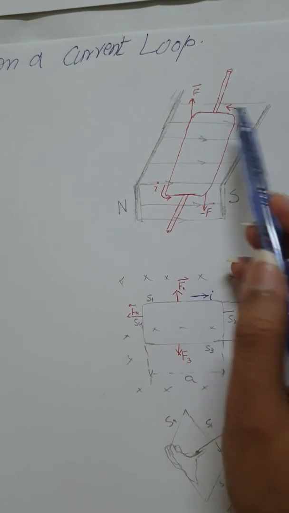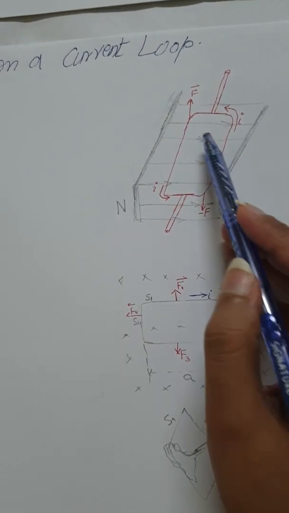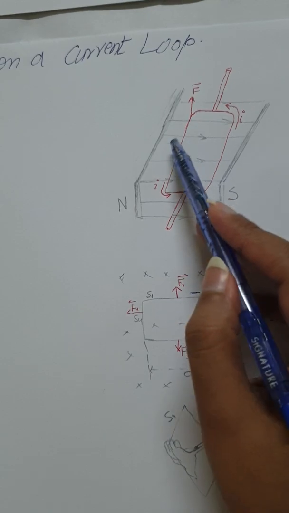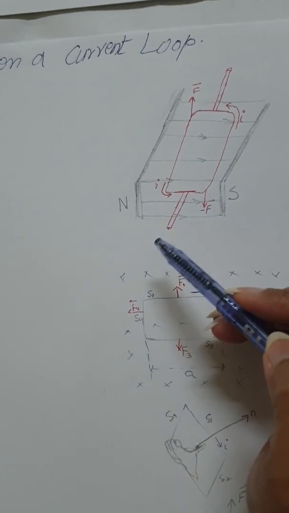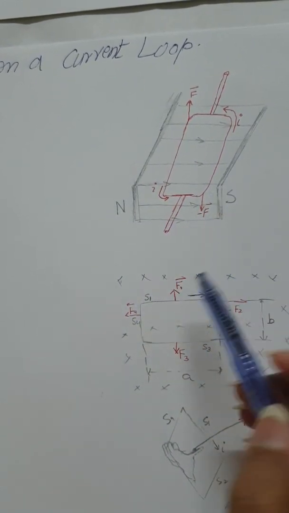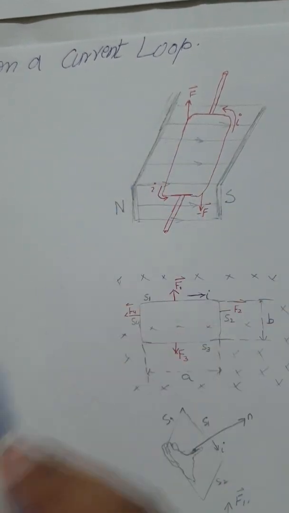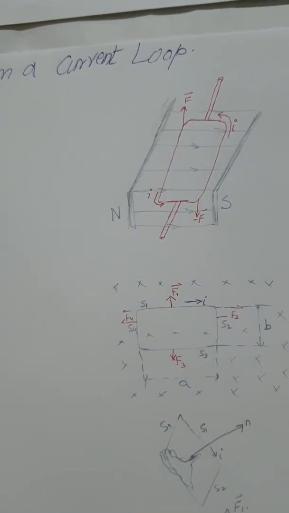Consider a rectangular loop of sides A and B, and a current I is flowing through the loop, and this is in a uniform magnetic field.